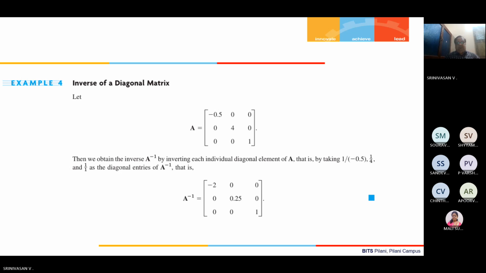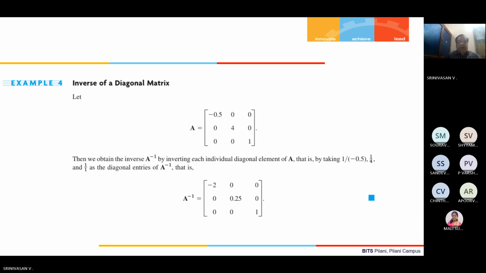Then 0, 0, 0, 0, and only principal diagonal elements. 4 becomes its reciprocal 1 by 4, 0.25. Then the last one, 1 by 1, 1. So you get minus 2, 0.25 and 1. So A inverse is also diagonal and all its principal diagonal elements are non-zeros.